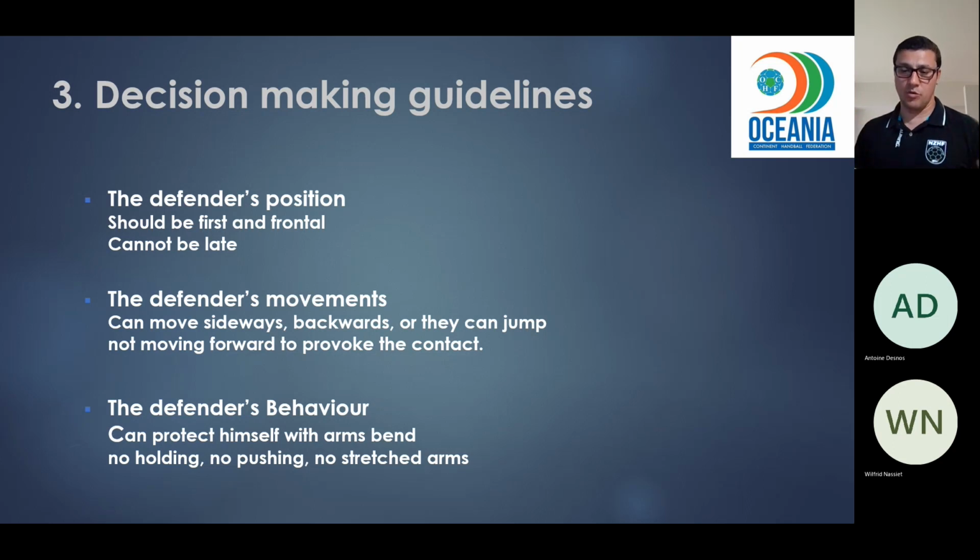Then he has to have his body facing the opponent. We also need to be clear that the defender has to be the first one to reach the defending position. Even if he's jumping, it has to be first. Usually jumping is parallel. He cannot jump forward.